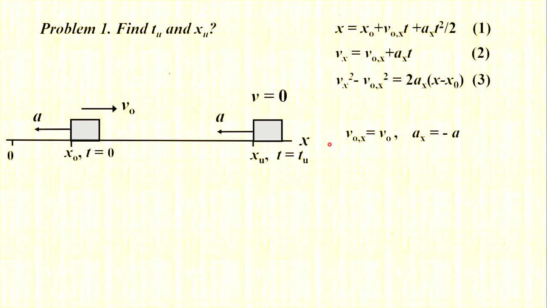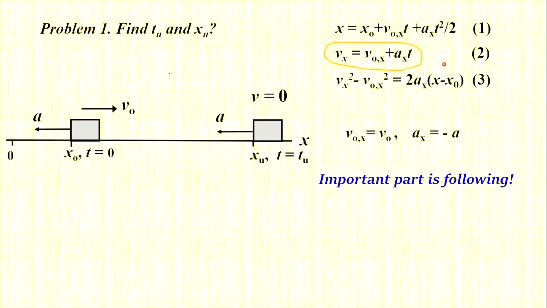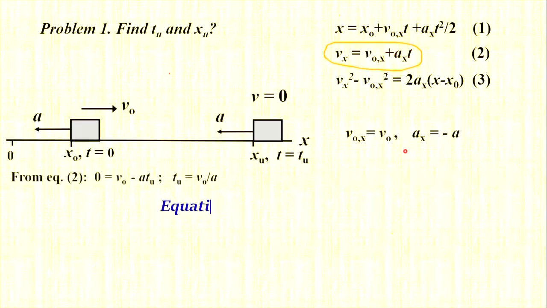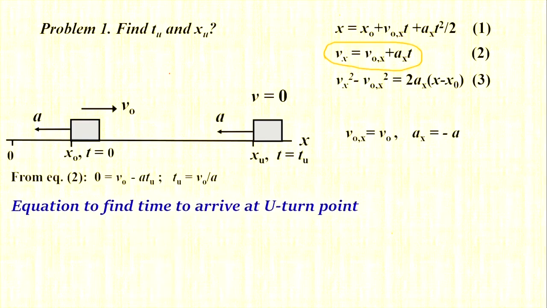as is shown here. Now the next step we can do with equation 2, because we know the final velocity 0, we know the initial velocity and initial acceleration. So plugging in these values, we have this simple linear equation for the time to arrive at the U-turn point, and this time is given by this simple expression.